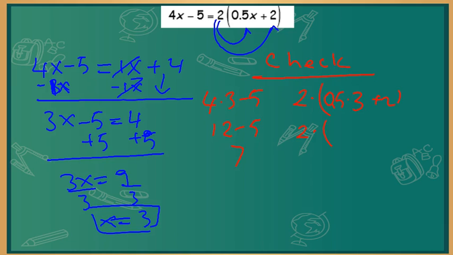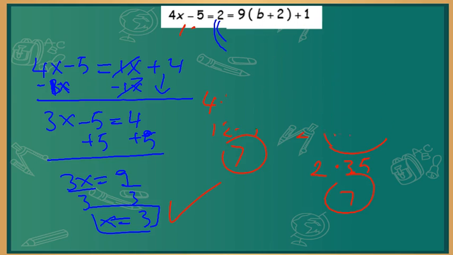So 2 times 0.5 times 3 is 1.5 plus 2. When I combine these two, I'm going to get 3.5 times 2. So 2 times 3.5 is just 7. So basically, again, both of these sides are yielding the same answer, which is 7. So also our answer is true.